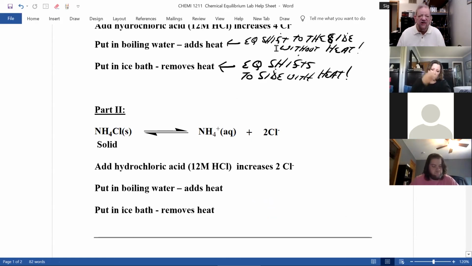Boiling water shifts the equilibrium to the side without heat. Ice bath, you remove heat, same thing down here, you shift the equilibrium to the side with heat. And that will help you determine which side has heat and which doesn't.